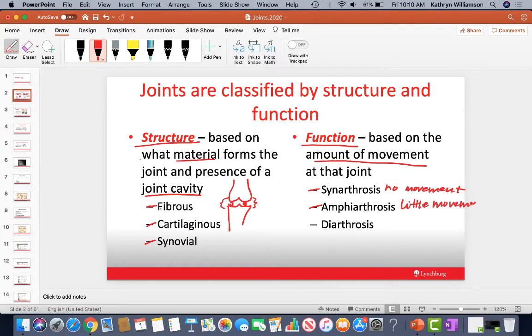And diarthrotic joints have free movement, so lots and lots of movement. If you look at the body, most joints are diarthrotic, most joints are freely movable, and most joints are synovial. So here are your two highlights.